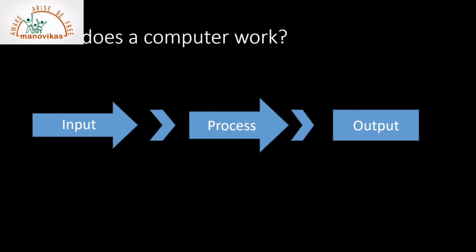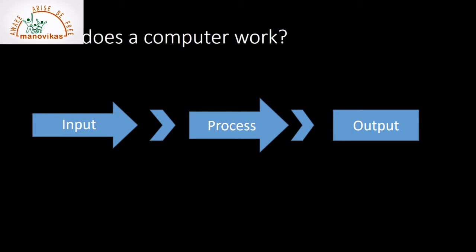Yes, with the help of keyboard and mouse. This data is then processed by the processing device. Once the data is processed, we get output or the result. Yes, we see output through the monitor.